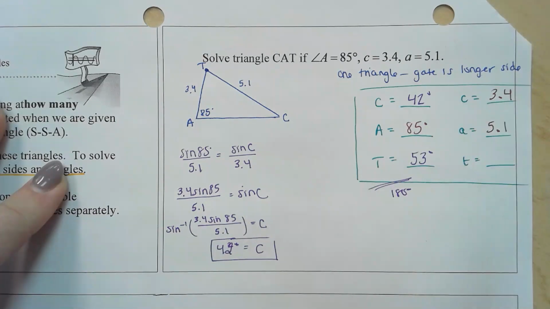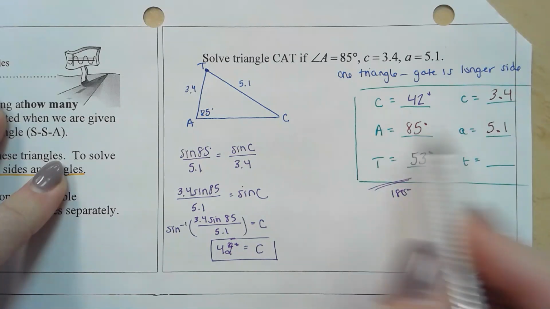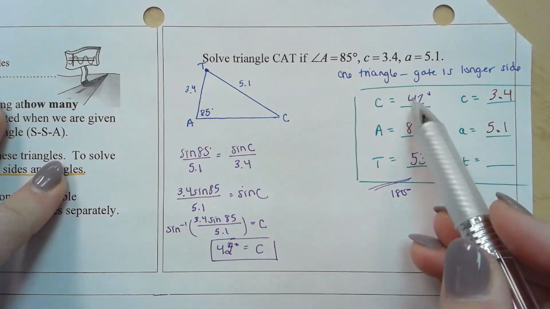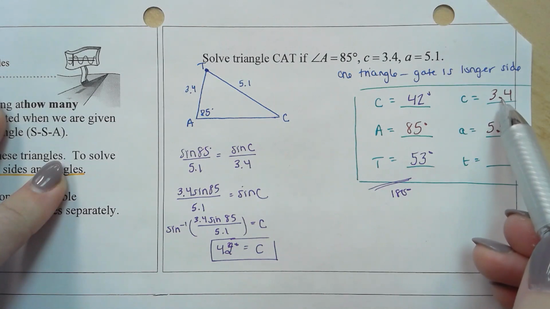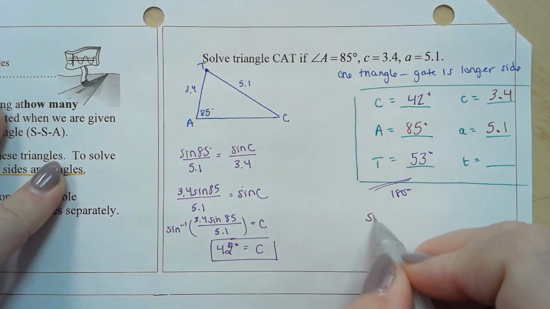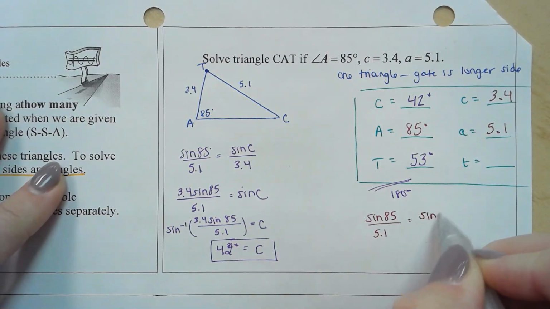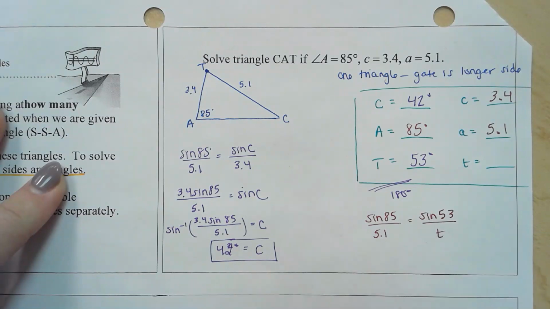I like this one right here because this was the original information they gave us. Remember how we rounded this? I just like to use the original information. So I'm going to say the sine of 85 over 5.1 equals the sine of 53 over lowercase t.